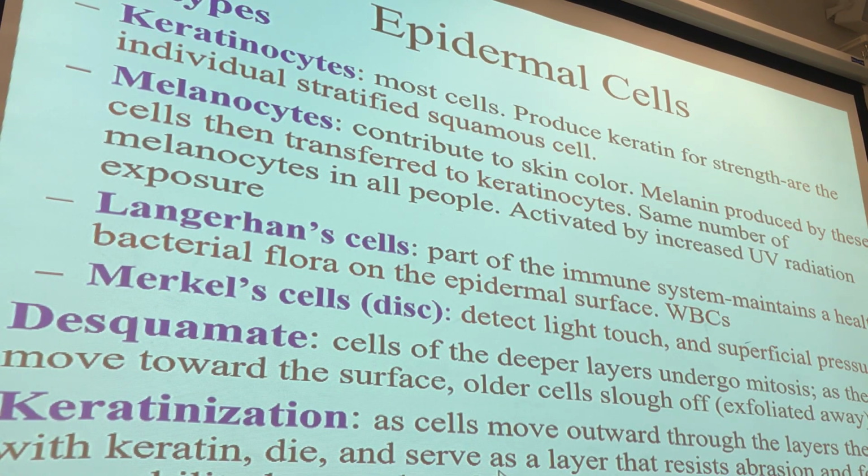Keratin is what we find in our nails. It's what we find even in the horn of a rhinoceros. Real thick keratin found there. So it is a very strong, very dense type of protein, this keratin. In some ways it's really good because it's strong and dense, but it's also drying. So there's a limit to how much keratin we want, in other words.